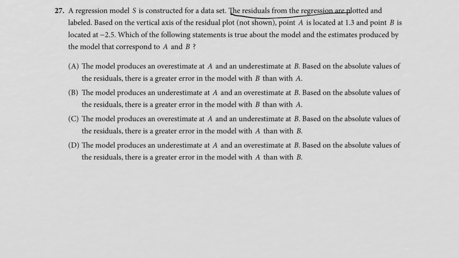Based on the vertical axis of the residual plot, point A is located at 1.3. Which of the following statements is true about the model and estimates produced? So, see, the residual plot has point A at 1 point based on the vertical axis. And point B is down here, maybe?